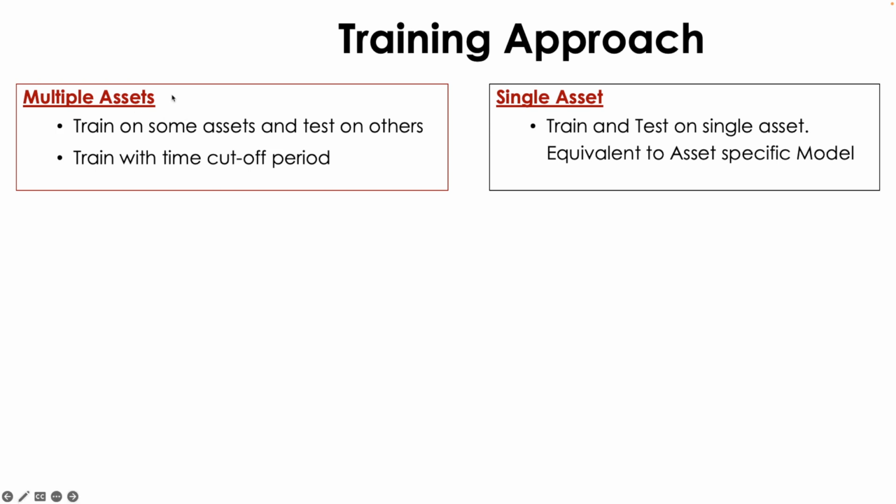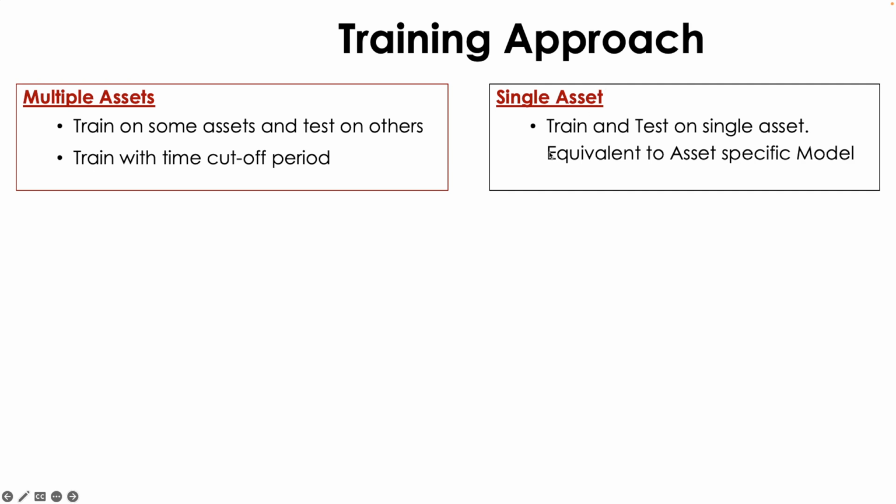This is an approach that we use for multiple assets. We can use a cutoff period, or we can use different assets to train and different ones to test, to build our model. The advantage of this one is that you can build a general model for all assets. So even an asset you haven't seen before, or you haven't trained on, you can use this model, right?